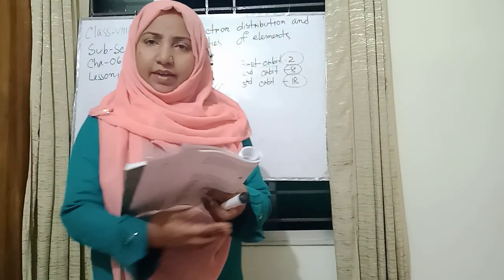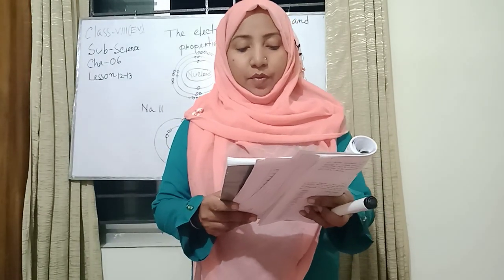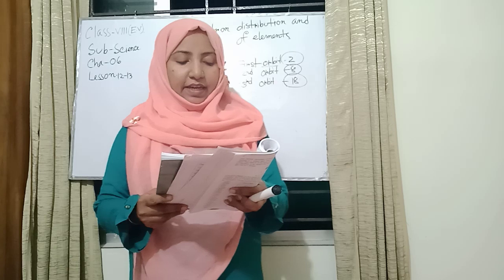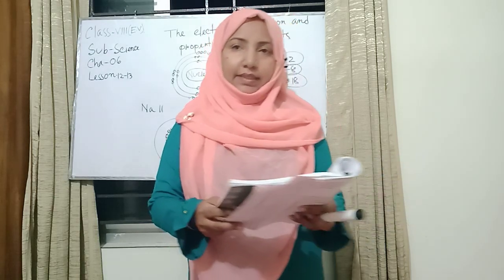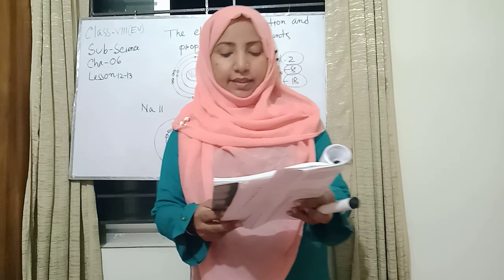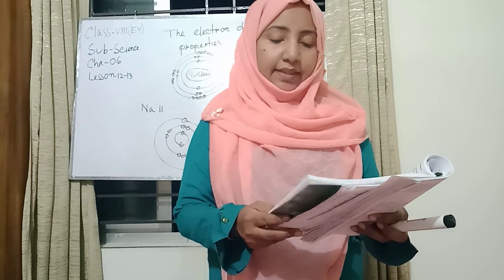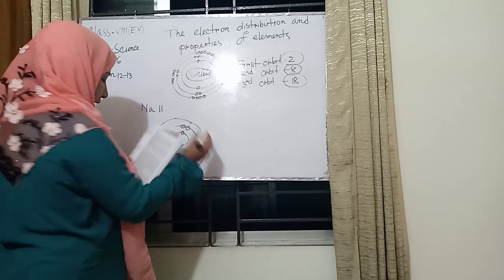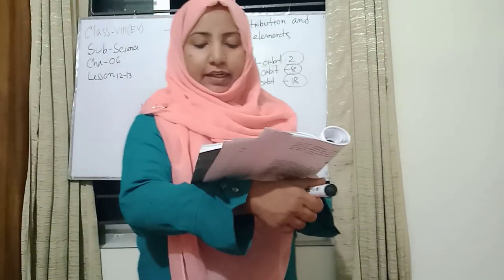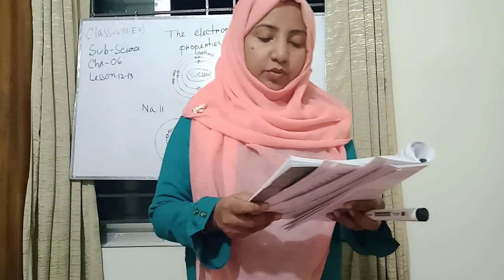By sharing the electron with neighboring atoms, for example, consider the case of the sodium atom. It has 2 electrons in the first orbit, 8 electrons in the second orbit, and 1 electron in the third orbit. If the sodium atom can lose the single electron in the third orbit, its outermost second orbit becomes full and the atom will become stable.